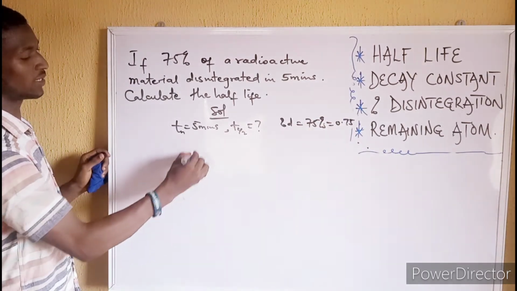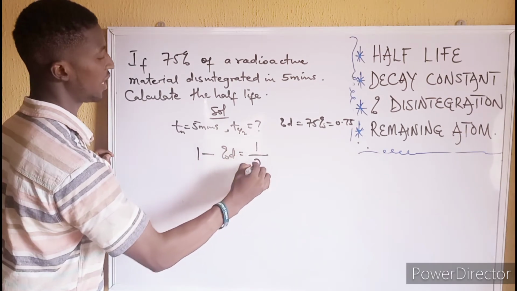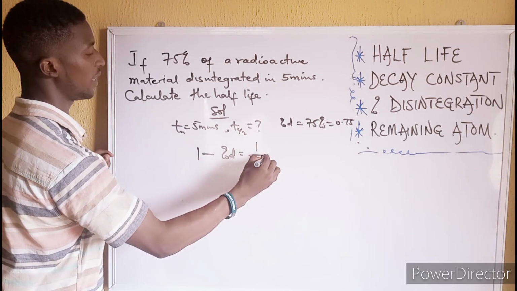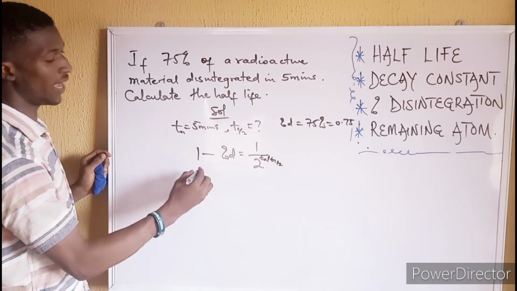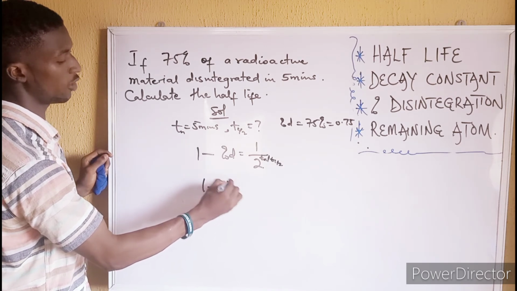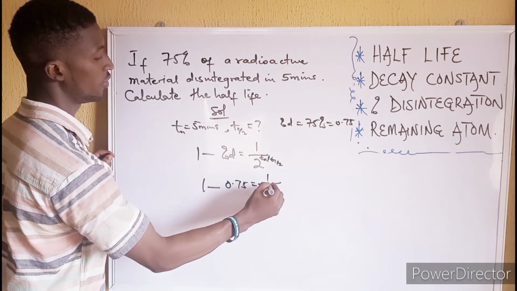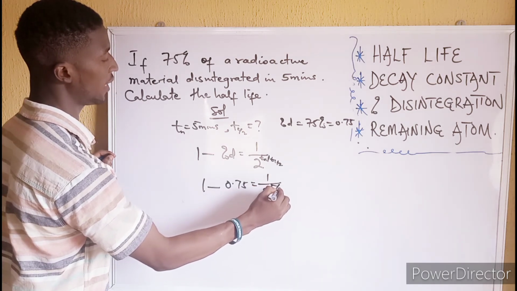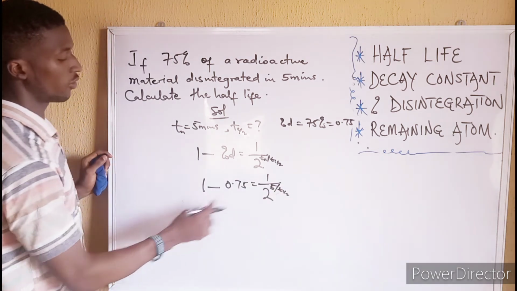So using the formula that 1 minus percentage of disintegration is equal to 1/2 raised to power Tn divided by T half, we have 1 minus 0.75 is equal to 1/2 raised to power 5 minutes over the half-life, which is what we're looking for.